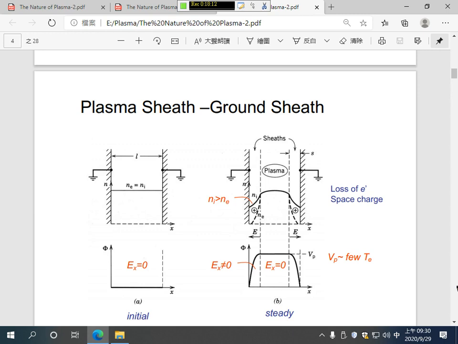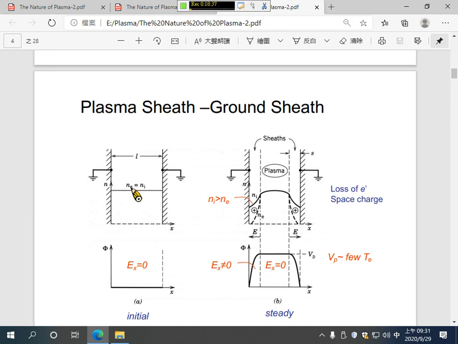We have already known the plasma is quasi-neutral, right? Quasi-neutral means the number of electrons and the number of positive ions are equal, if the positive ion is monovalent.